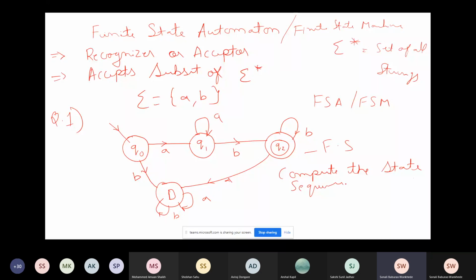Okay, how will you do it? I'm giving you a string, AAABB. This string is given to you, right? AAABB. Let's see this properly.